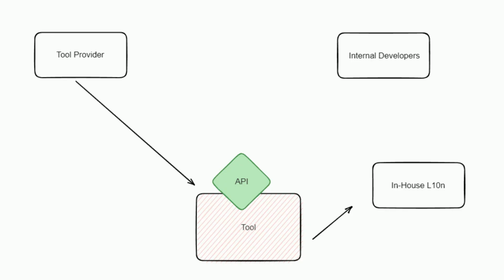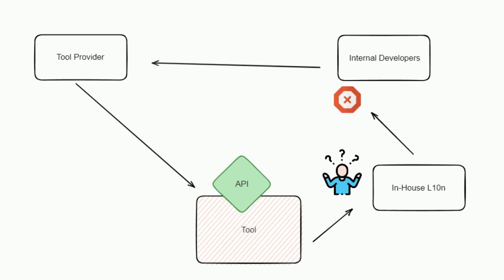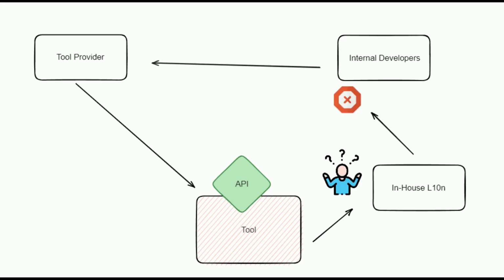I think often there is a mismatch between the expectations of tool providers and internal development teams towards one another. Tool providers assume that the user will create the necessary scripts or automations to connect to their API, while internal development teams feel it's the provider's job to make sure their tool works well with other systems.